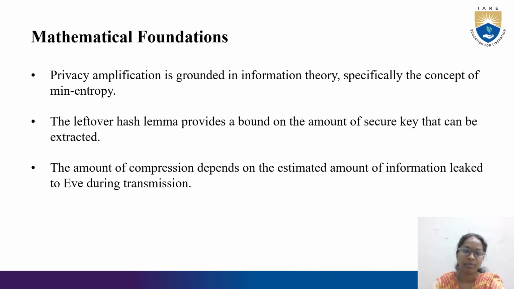Mathematical foundation: privacy amplification is grounded in information theory, especially the concept of min-entropy. The leftover hash lemma provides a bound on the amount of secure key that can be extracted. The amount of compression depends on the estimated amount of information leaked to Eve during transmission.